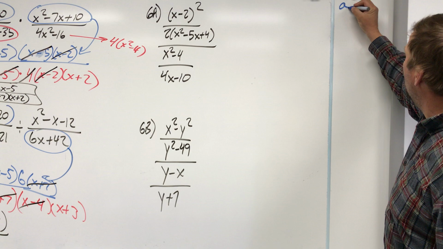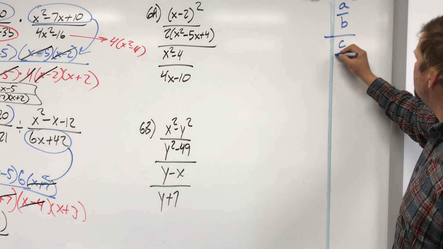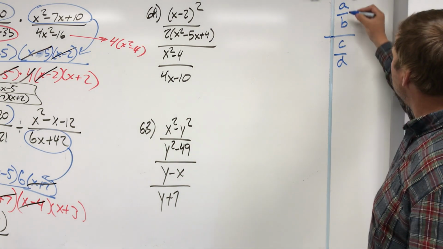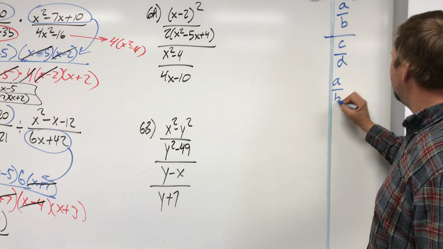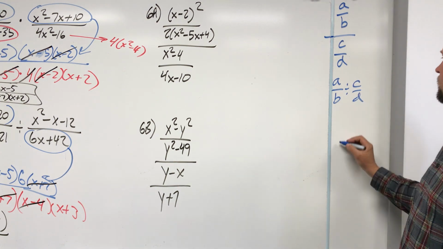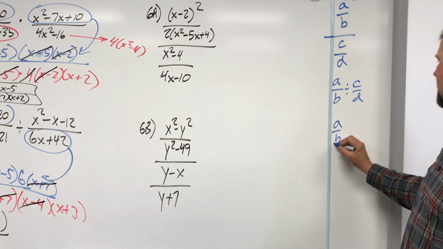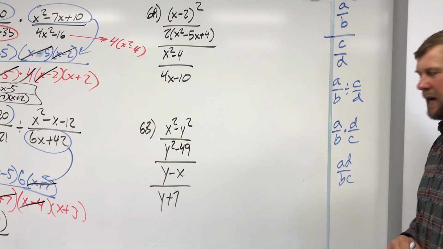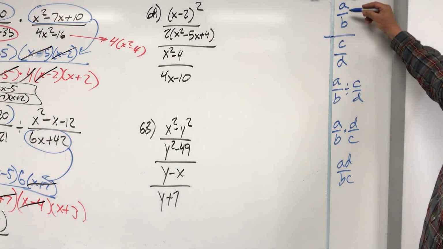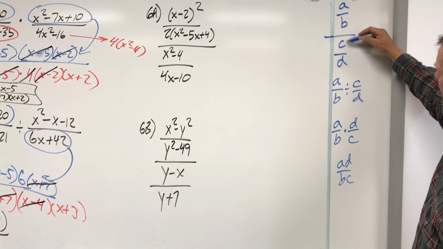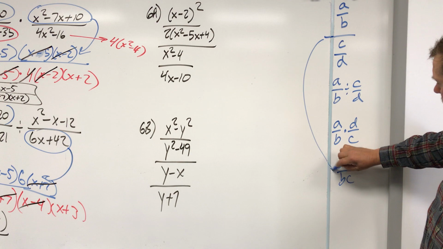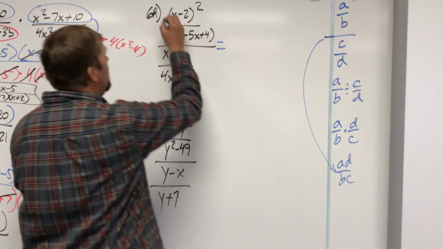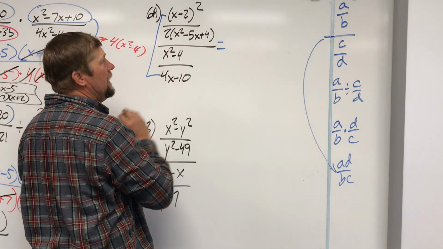If you have a over b over c over d, we already talked about the fact that it's a over b divided by c over d, which is a over b times d over c, which is ad over bc. Now, that concept is easy. Once you have one fraction on the top, one fraction on the bottom, you can go ahead and just rewrite it like this. So for example, on this one, we're going to put a and d on the top.